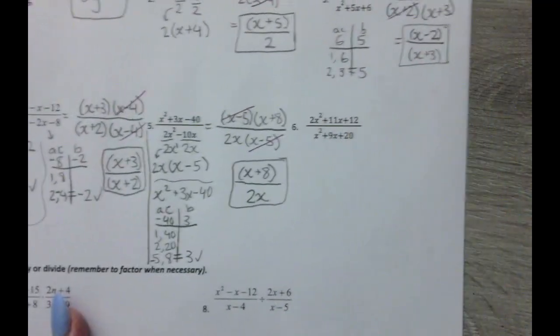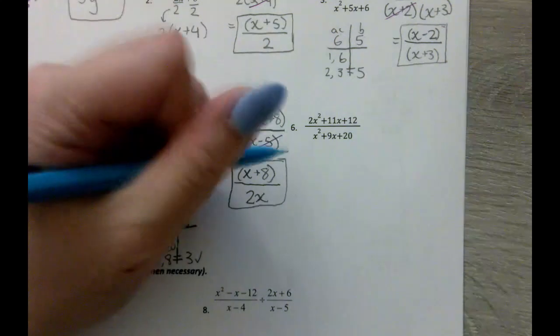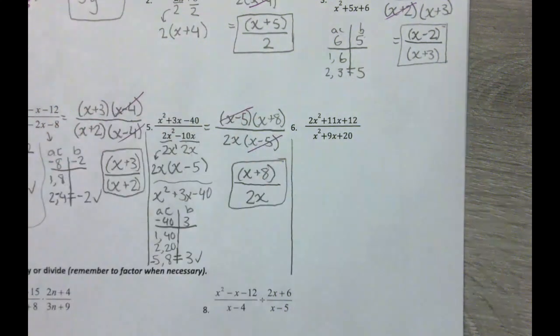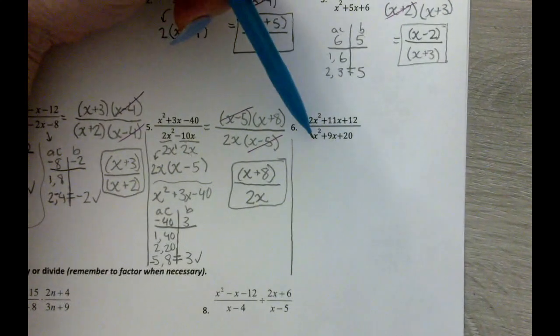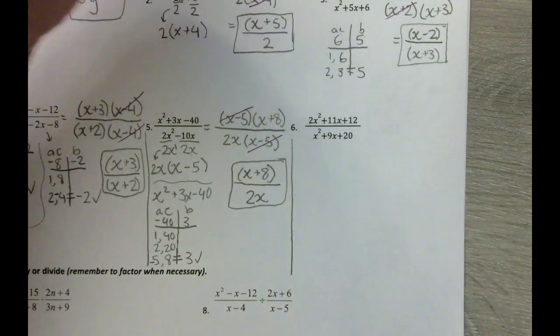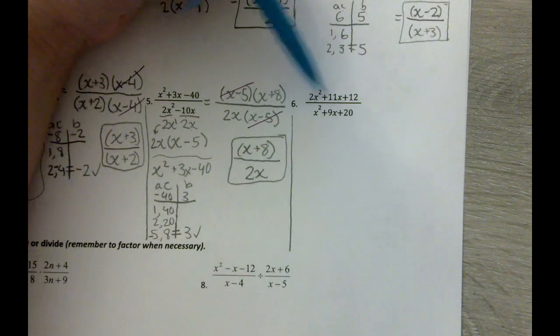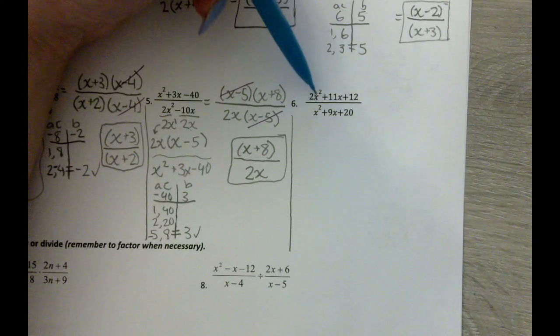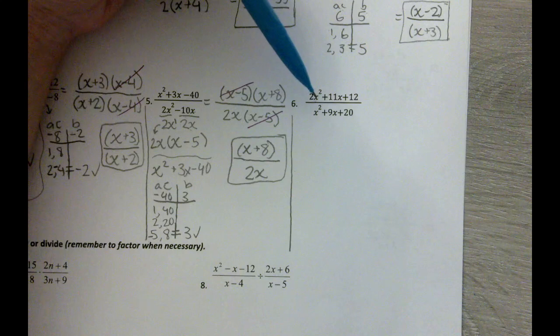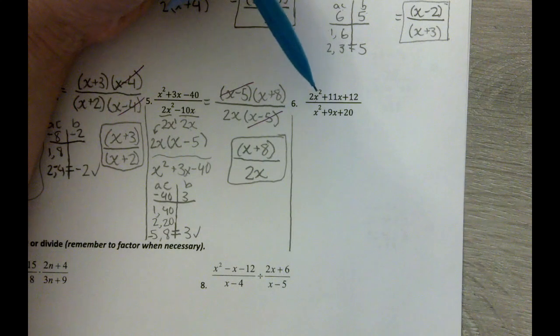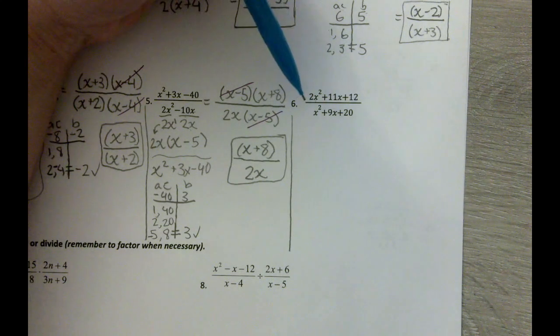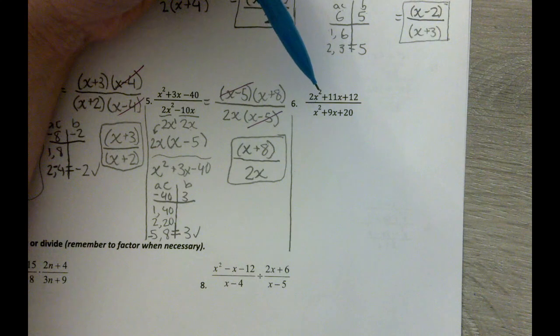Next problem, number 6. Two x squared plus 11x plus 12 over x squared plus 9x plus 20. On the top, this is a trinomial, and we do have a number in front. Reminder, always check for the GCF when you see a number in front for 2 reasons. 1, if there's a GCF, you can pull it out and make this an easier problem to solve. 2, you kind of have to.